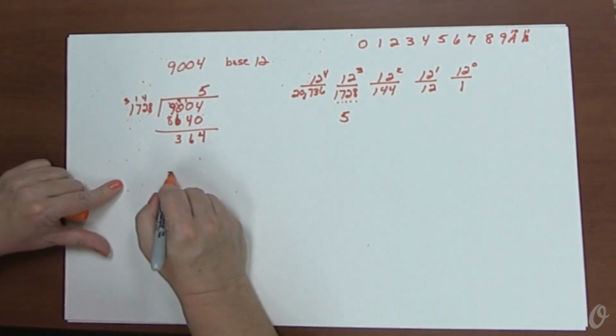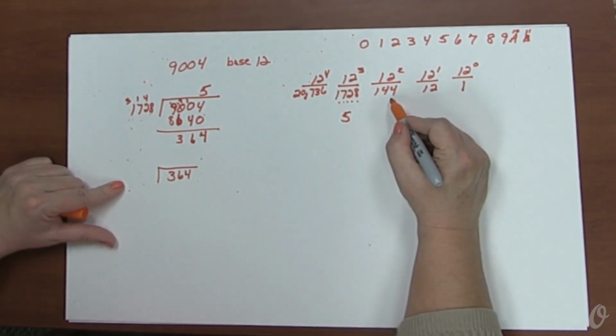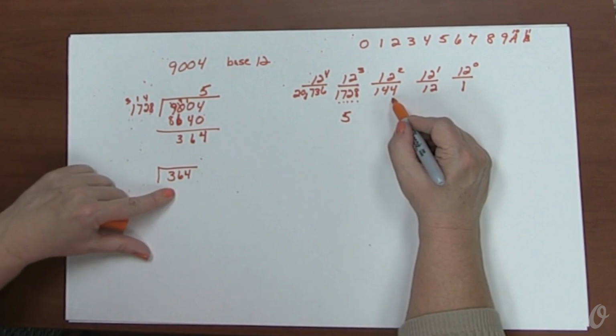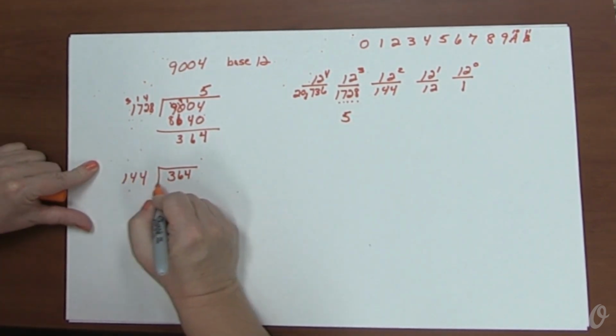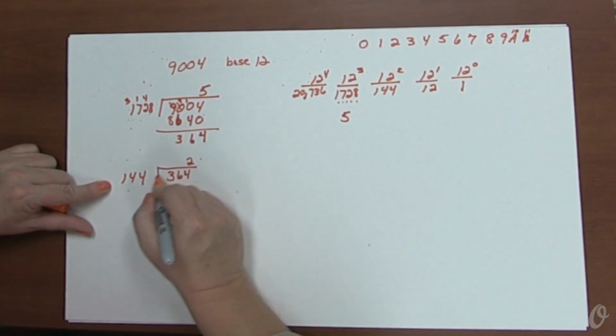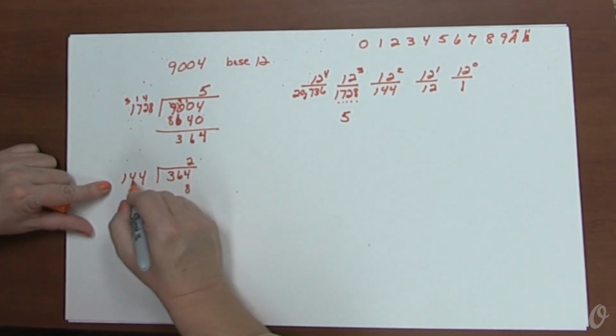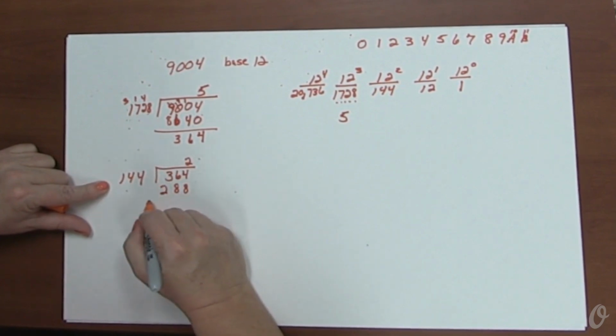Taking my remainder, 364, I'm now going to divide by my next group, 144. 144 will go into 364 twice. 2 times 4 is 8, 2 times 4 is 8, and 2 times 1 is 2.